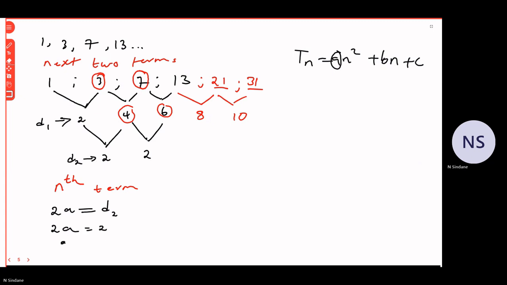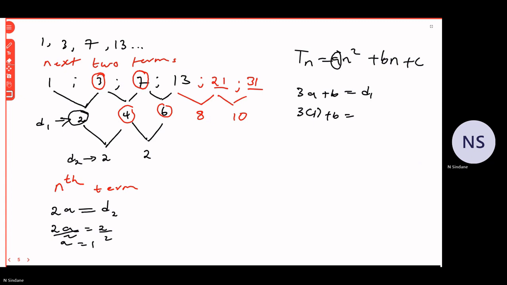And then we said 3A plus B is equal to D1. Always take the first term of D1, which in this case is 3. A is 1, so 3 plus B is equal to 2. B is equal to 2 minus 3.